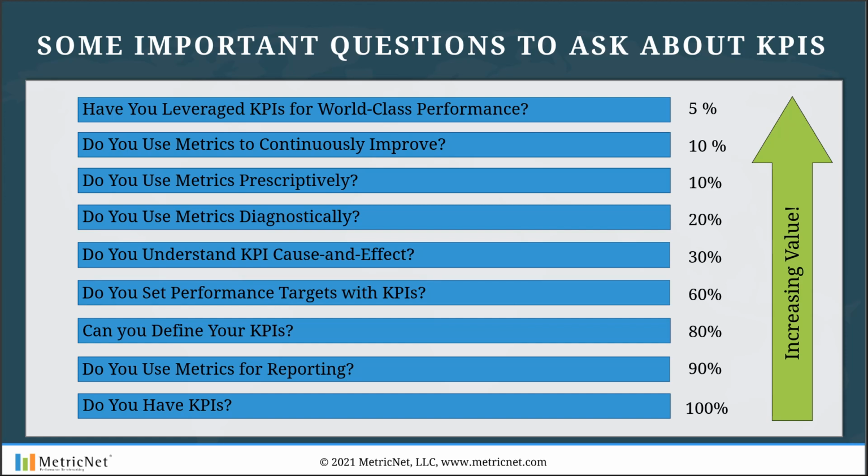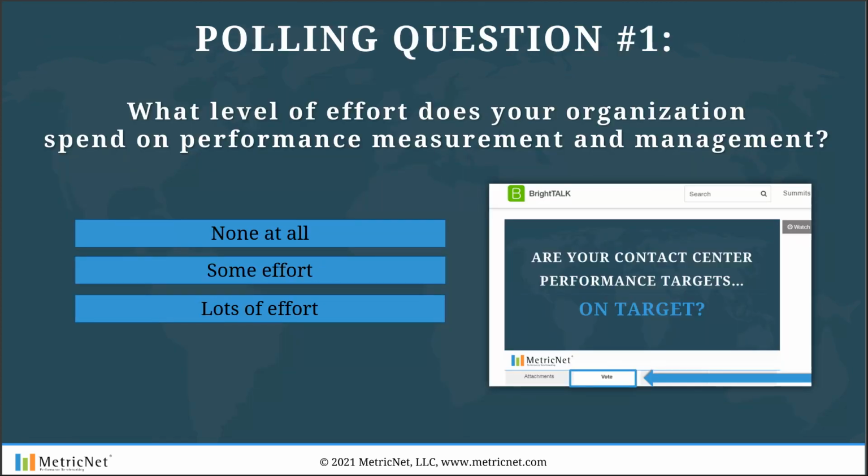As you move up the hierarchy, each success factor becomes progressively more important. We won't talk about every one of these elements of the hierarchy today, but we will drill down on and focus on the 4th one, setting performance targets with your metrics. That's the topic of our webcast today.